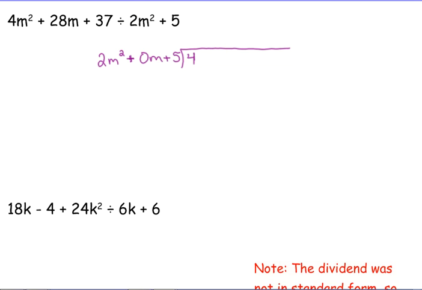My dividend is not missing anything. So first term divided by first term. So 4m squared divided by 2m squared is 2. That's a constant. So line it up over your constant, 37.